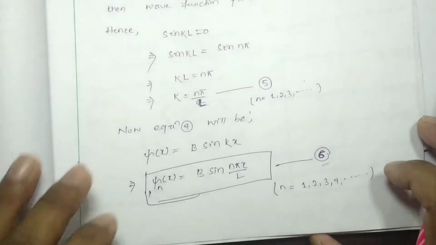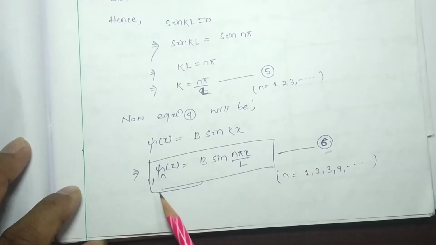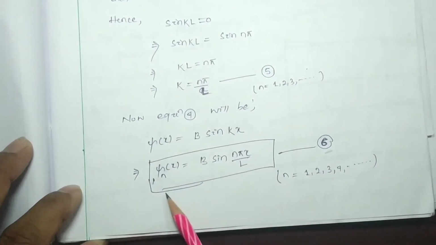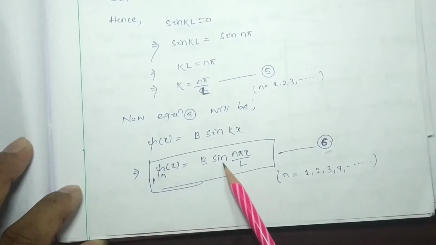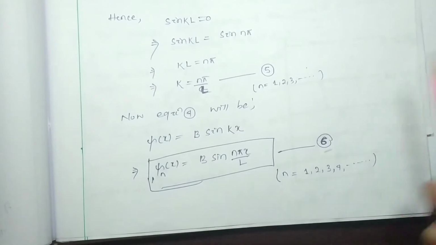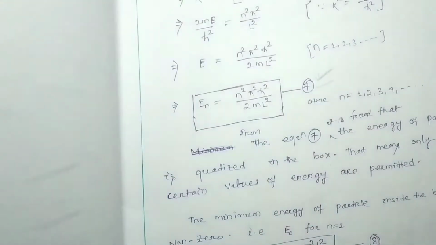the wave functions, after solving that, we found the general wave function will be in the form of psi of x equal to B sin n pi x by L, which is called the eigenfunction.